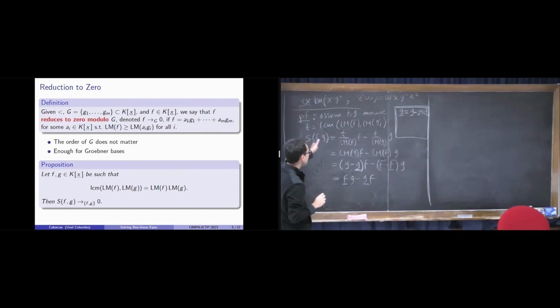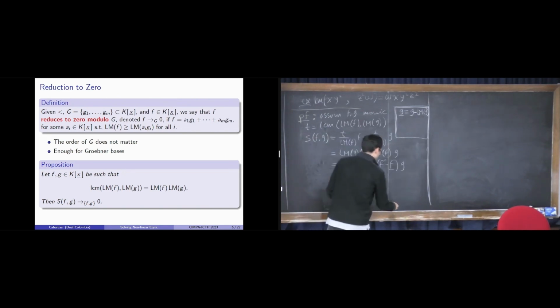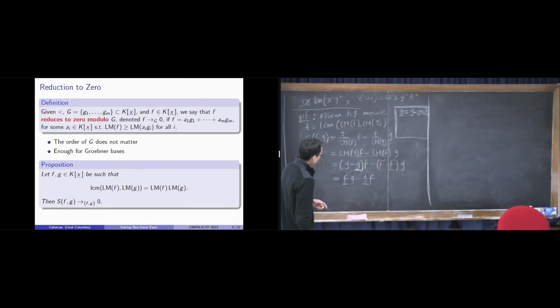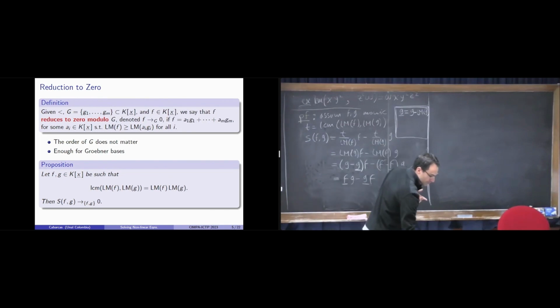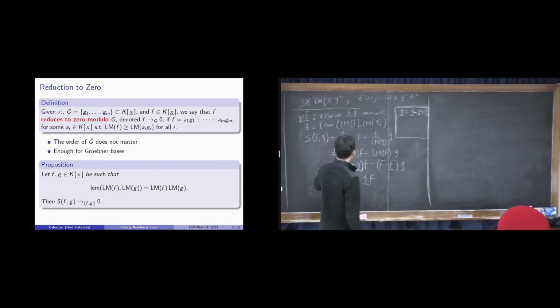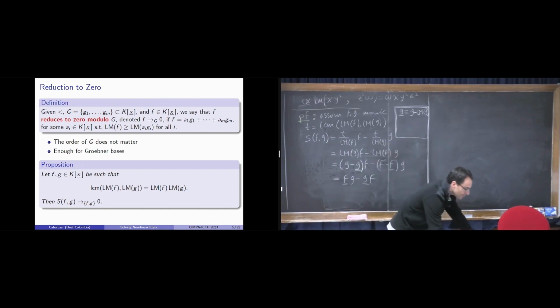Once we cancel the leading monomials, once we remove that part, this, I claim, is a standard representation. What we need is that the leading monomial of one of these two things coincides with the leading monomial of S. And the leading monomial of S is, and the reason this happens is that these two have different leading monomials.